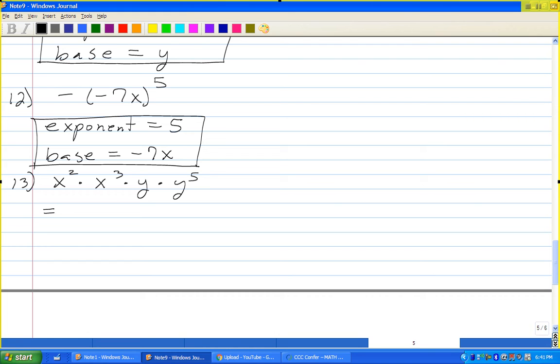So I have the same base, x, add exponents. 2 plus 3 is 5. I have the same base, y, add exponents. Well, recall that y is the same as y to the first times y to the fifth. 1 plus 5 is 6. And that is your answer.